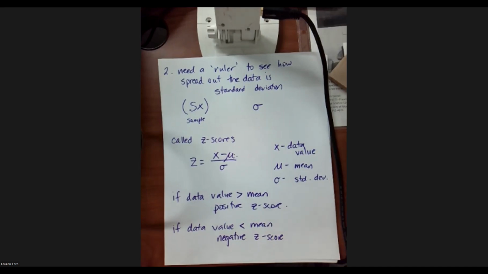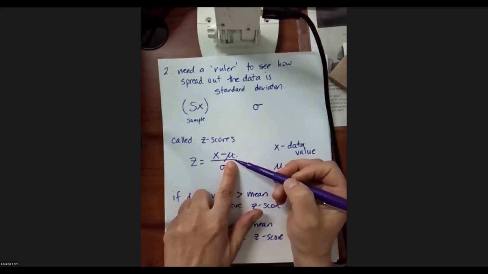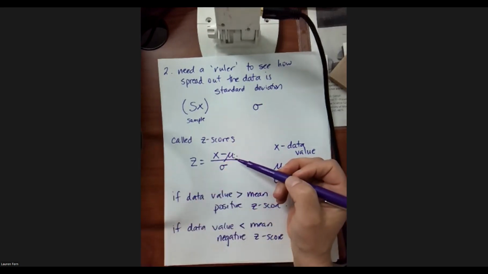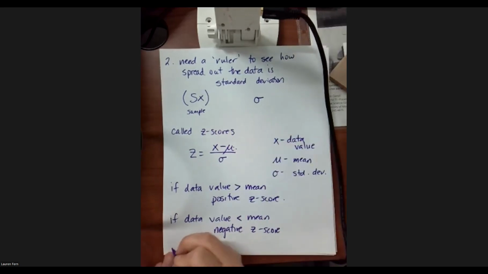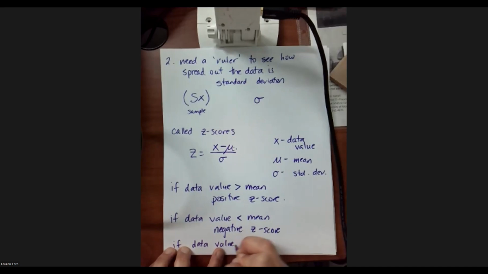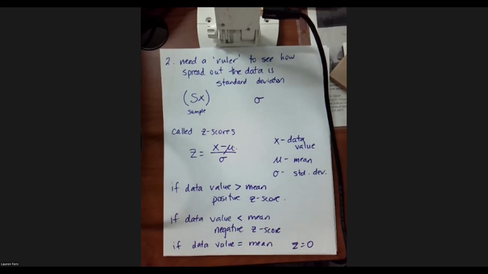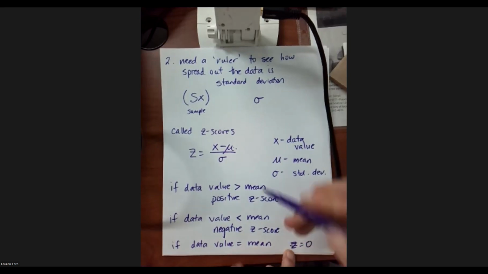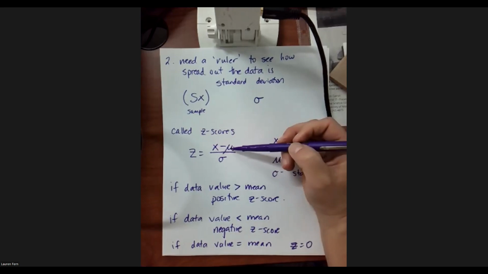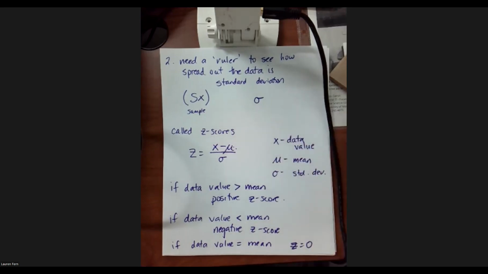And again, the reason is that my numerator will then be negative. And finally, if our data value is equal to the mean, our z-score is 0. Why is that the case? Well, anything minus itself is 0.